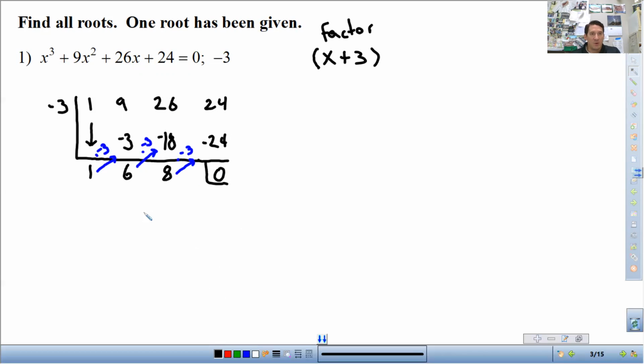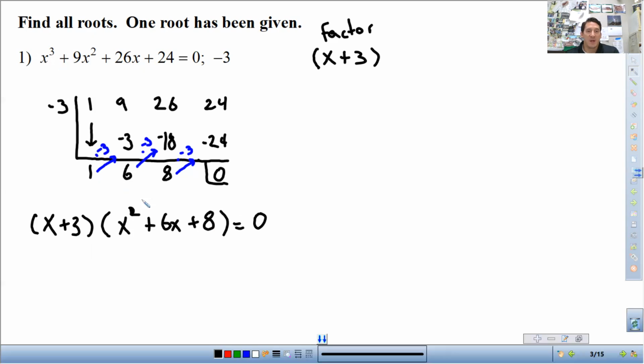So my polynomial factors into x plus 3 times these. It's going to be 1x squared plus 6x plus 8 equal to 0. We have the x plus 3 because we divided by -3, so remember, it is the opposite.